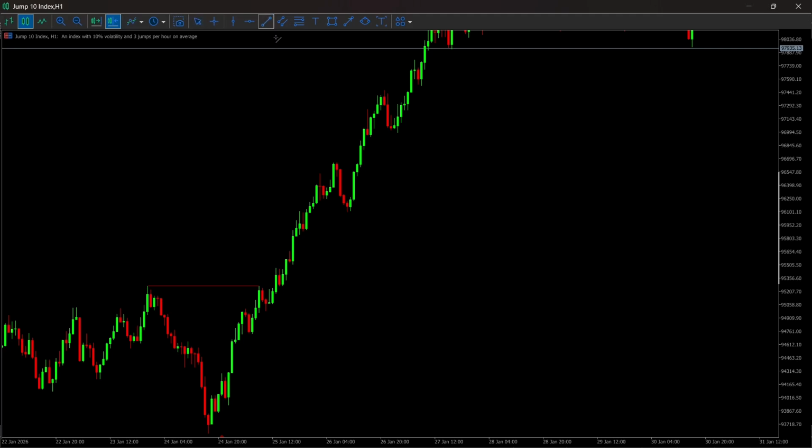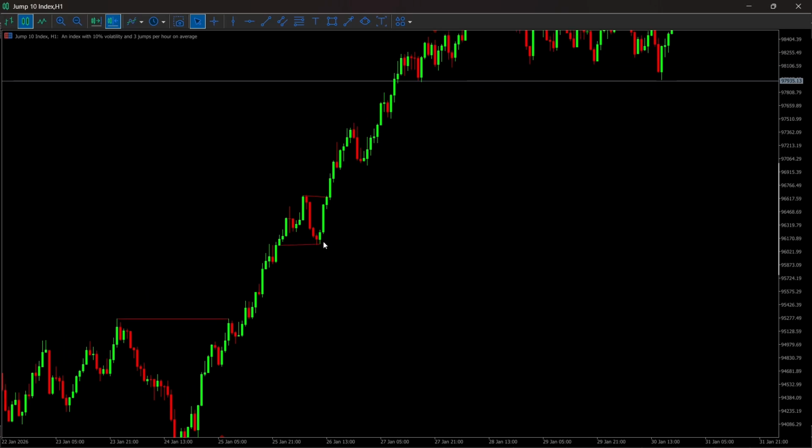Then you mark out the higher high. After the break of the high, you mark it out. Then you mark that higher low that was formed also. Then the high that was formed after the higher low, you mark it out also.